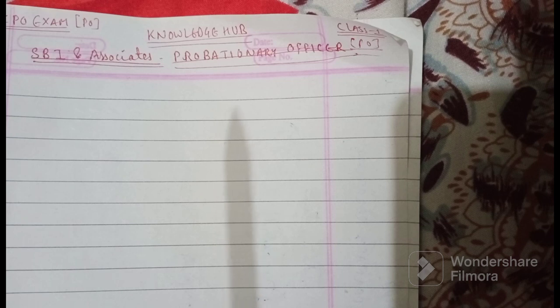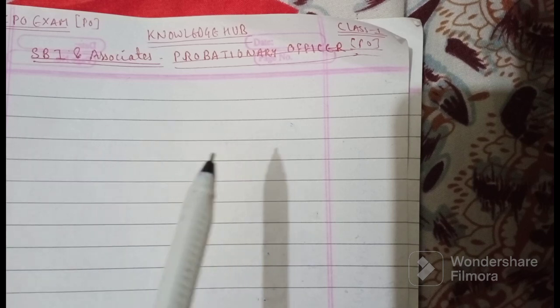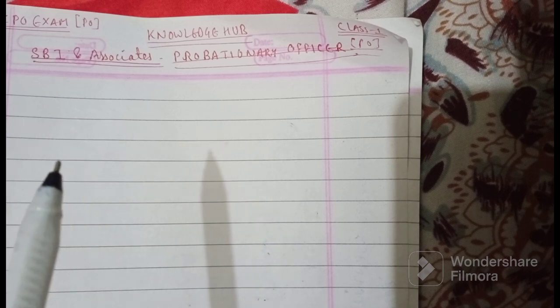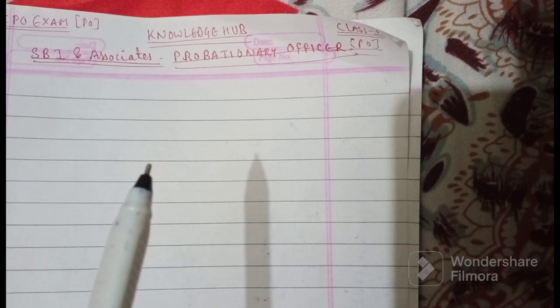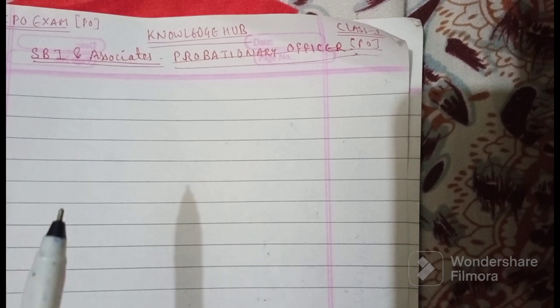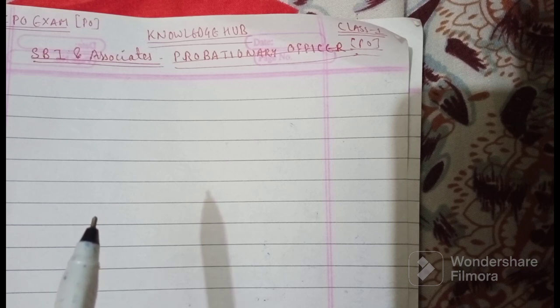Plenty of questions will be solved, covering all the sections of the SBI and Associate PO exam: data analysis and interpretation, test of reasoning, test of English language, computer knowledge, marketing aptitude, and general awareness. We will also provide a self-evaluation test, strictly according to the syllabus and exam pattern.